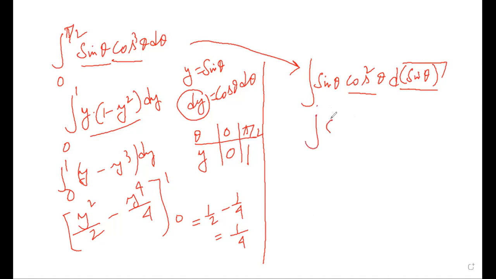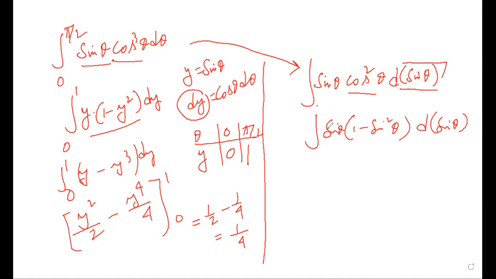So it becomes sine into 1 minus sine square, and d of sine theta. This is our variable. Clear? And after the differential, you get cos theta d theta.